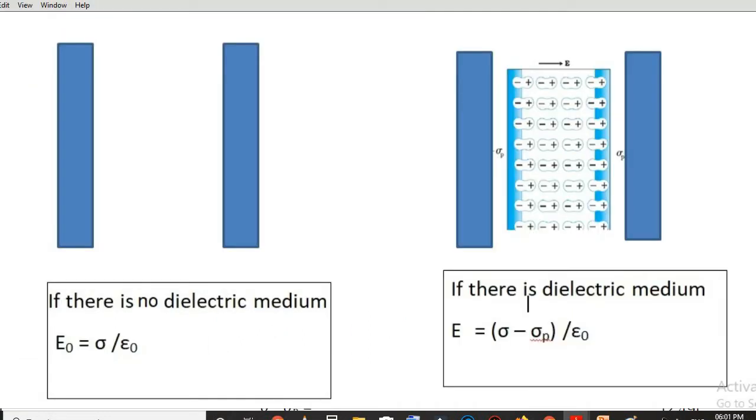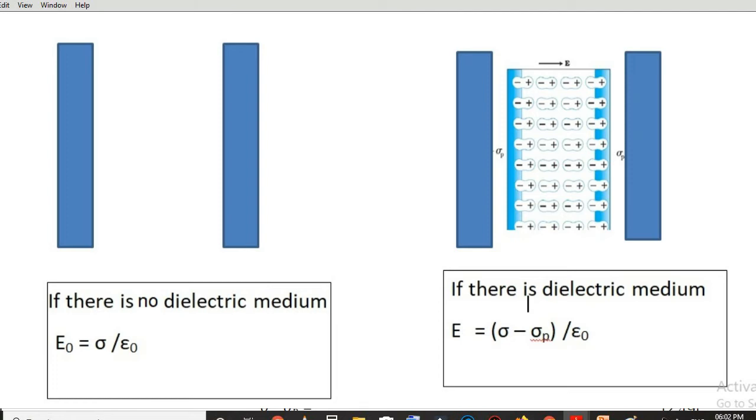Thus, if there is no dielectric medium, we studied about the electric field. E is equal to sigma by epsilon 0, but here we need to write E0 is equal to sigma by epsilon 0, because E0 is the electric field if there is no dielectric medium.